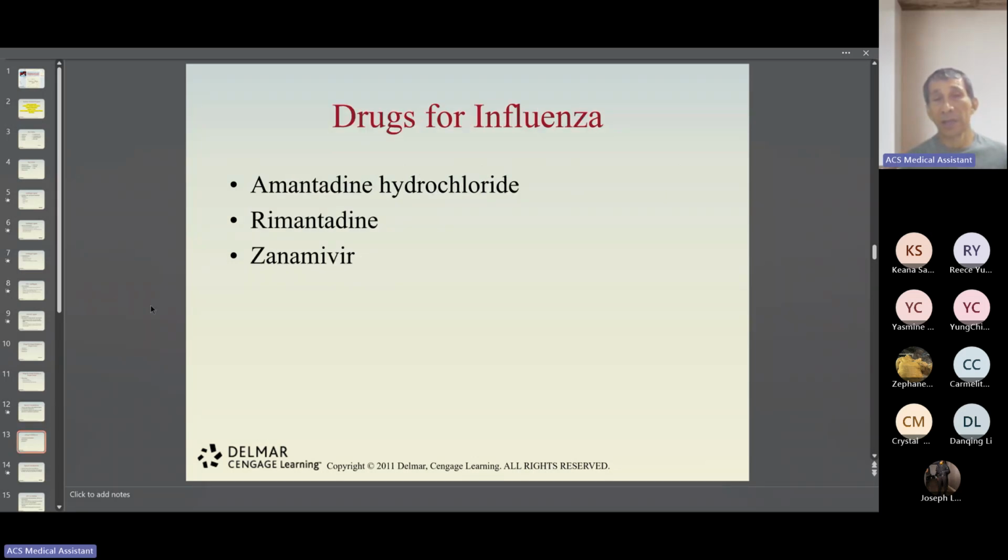Now, most of the time we give medications to the patient when they have these viral infections, not directly to treat the viral infection, but the symptoms. So we might be giving you a bunch of medications. If you have pain, swelling, we're going to give you an anti-inflammatory medication, pain medication, an antipyretic or fever medication.